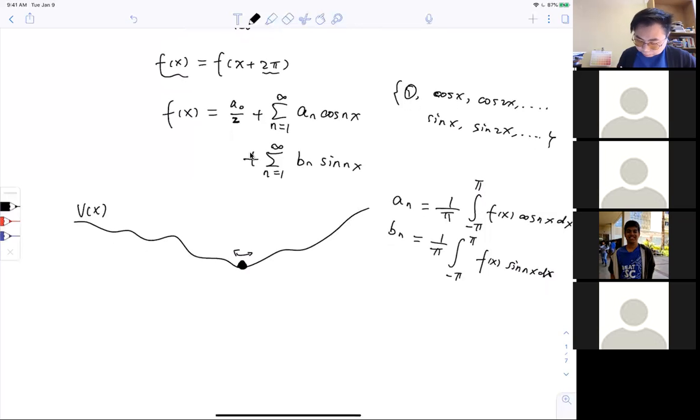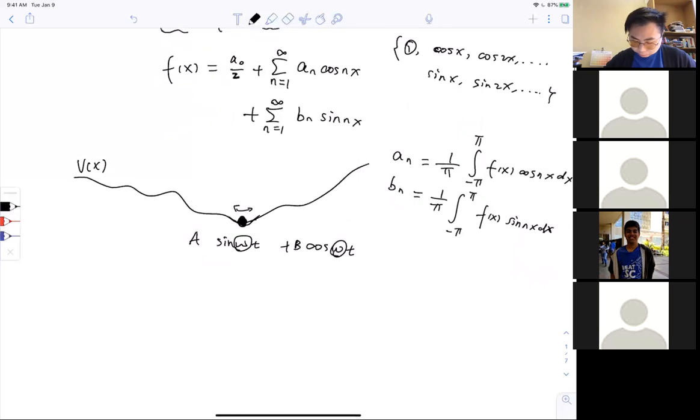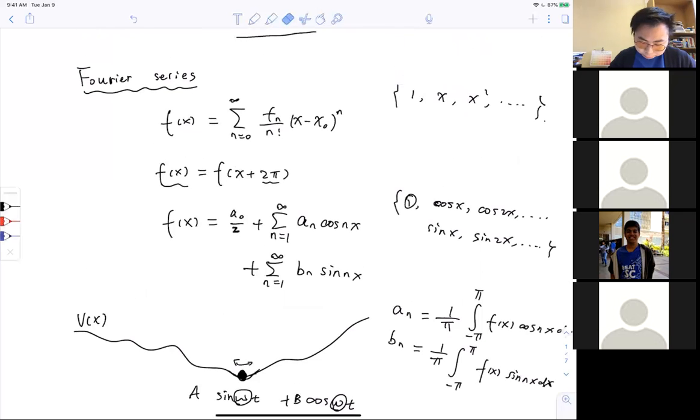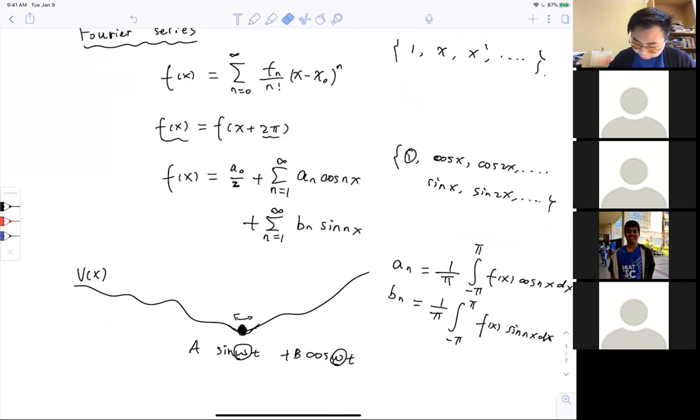And the solution of this motion is usually given by the sine and the cosine, right? This omega is a frequency. The frequency actually corresponds to the curvature of this potential at the equilibrium point. It's very common.